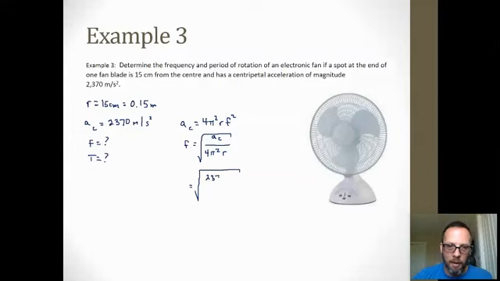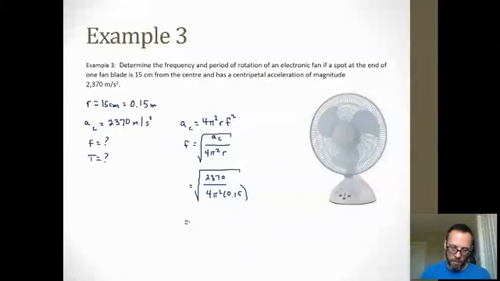So 2370 divided by 4 pi squared times 0.15. So 2370 divided by 4 divided by pi squared divided by 0.15, and square root.